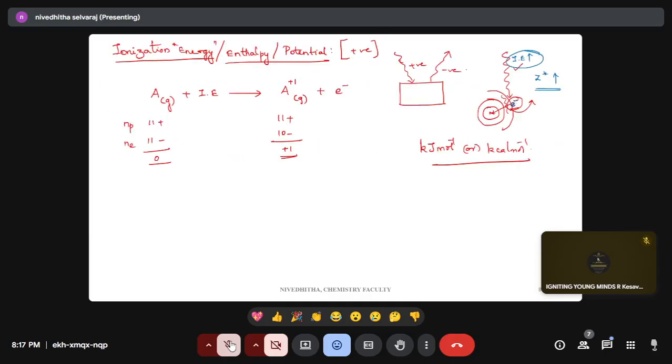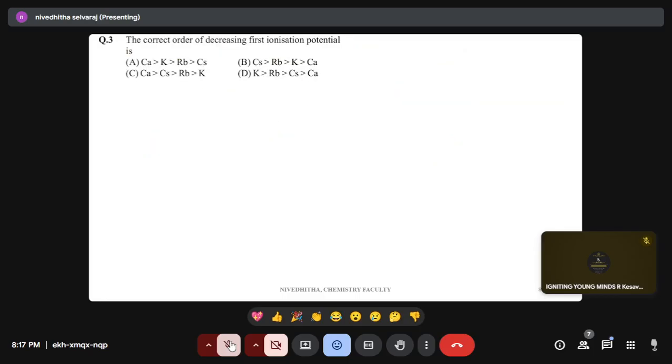Now we'll see a question. Could you please answer this question? The correct order of decreasing first ionization potential is? In each option, there is a particular order for ionization potential.